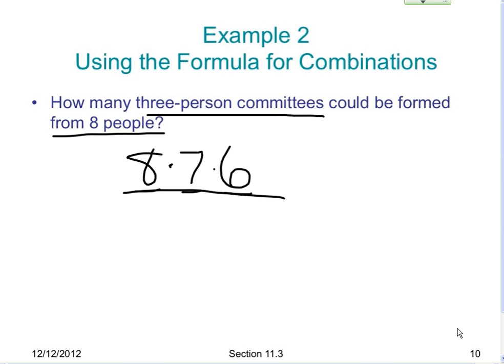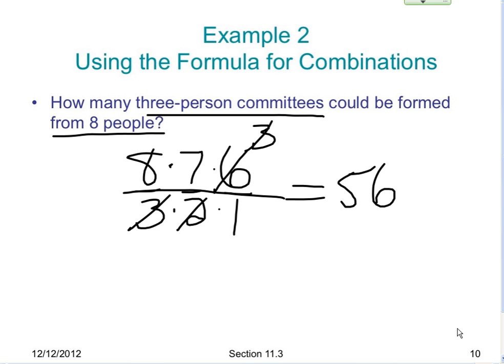Well, with combinations, we would then have to divide by picking 3 people. So we're picking 3 people, so we're going to divide by 3 factorial, or 3 times 2 times 1. And then we would solve this. 2 goes into 6 3 times, 3 goes into 3 once, 8 times 7, 56 different 3-person committees.